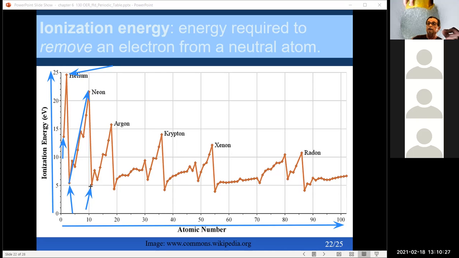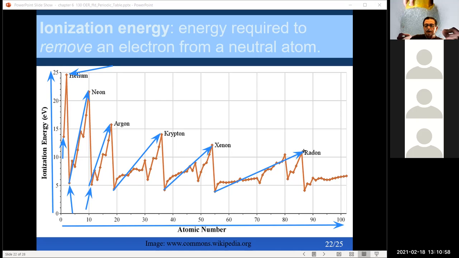So we go around again. After neon, we've got sodium, and the same general trend, but the slope of that energy kind of straightens up a little bit. That makes sense because as we go down the periodic table, we're getting bigger and bigger elements. Those electrons that we want to pull off are getting further and further away from the nucleus.